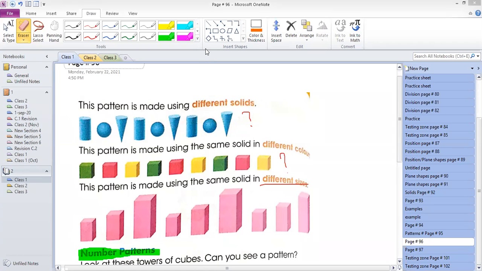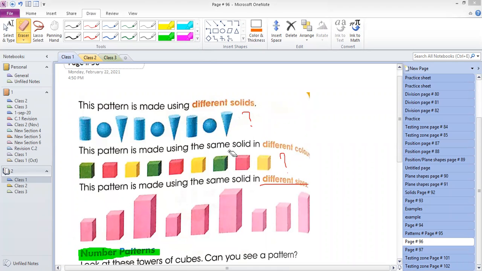That means now you are able to identify the patterns in the solids with respect to sizes, colors, and shapes. Is that true? Yes. That's very good. Very good to hear that.